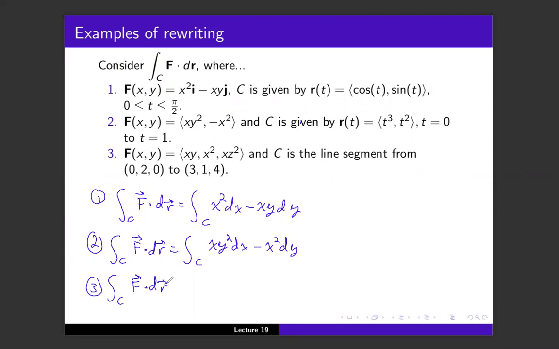F dot dr is the integral over C of xy dx plus x squared dy plus xz squared dz. It's the same exact principle. And again, even though these look like scalars, even though they're only scalar functions and what appear to be scalar differentials, don't get confused. Those are absolutely vector field integrals, just written in a slightly different way.